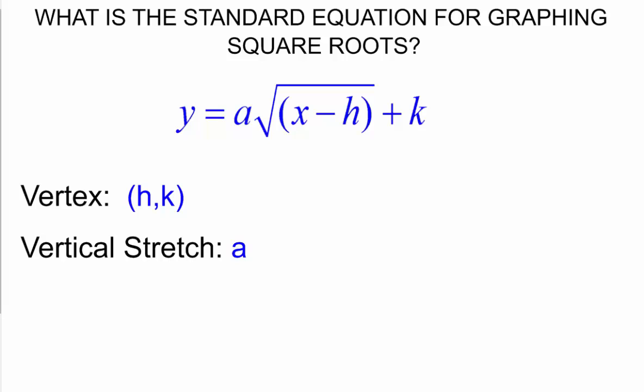So the h here is your x value, and the k here is your y value. The a represents your vertical stretch, and we'll look at how that affects the graph shortly.